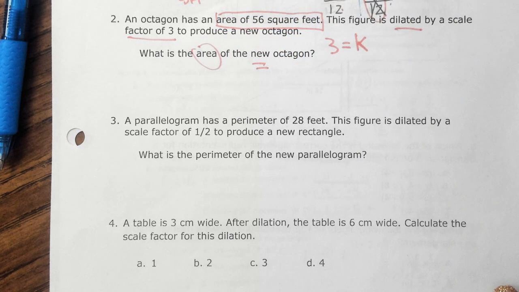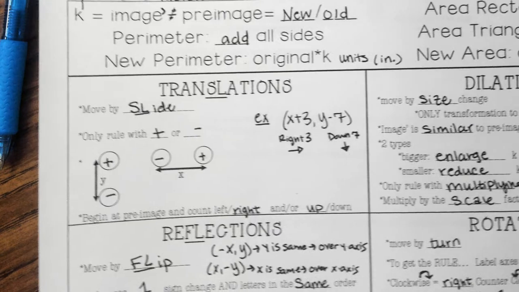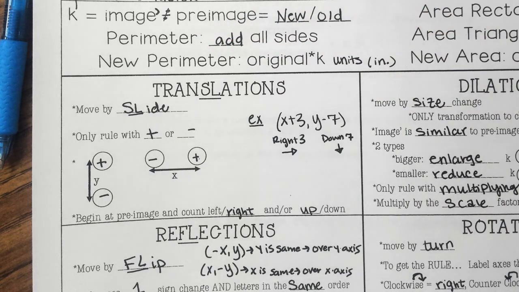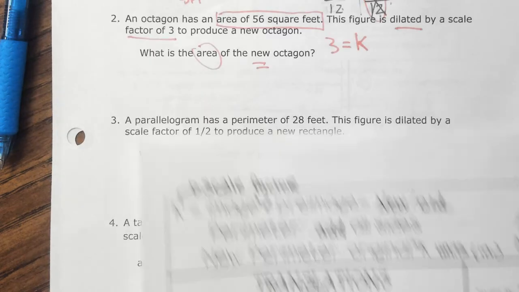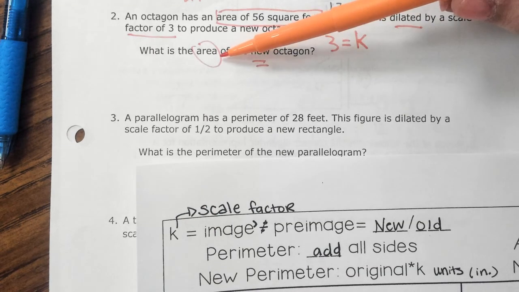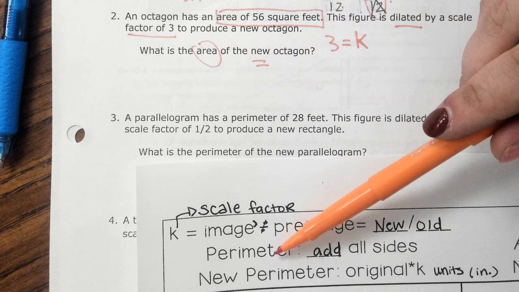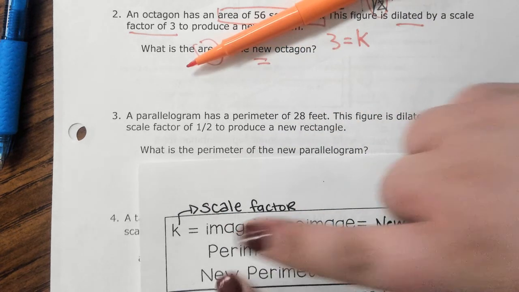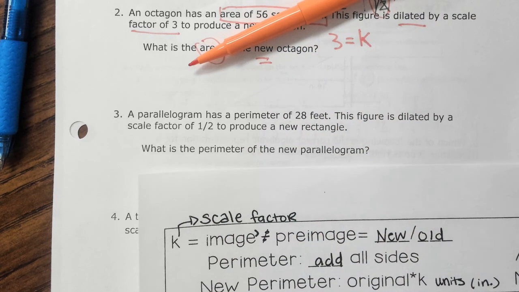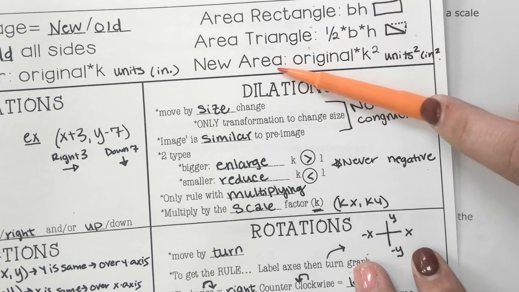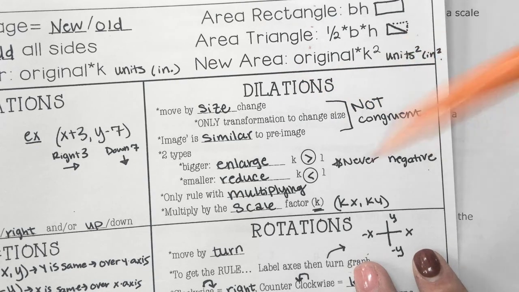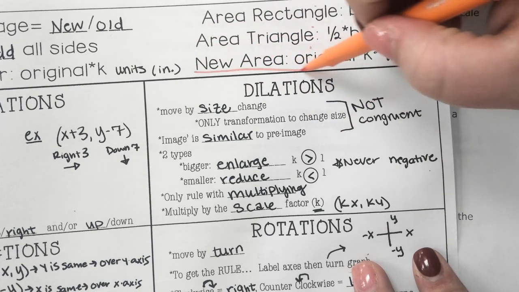Let's look at our cheat sheet again. Do I want to know stuff about perimeter or about area? Area. So I'm on this side. Am I trying to find the area of a regular shape or the new area of something that's been dilated? The new area. How do you find the new area?